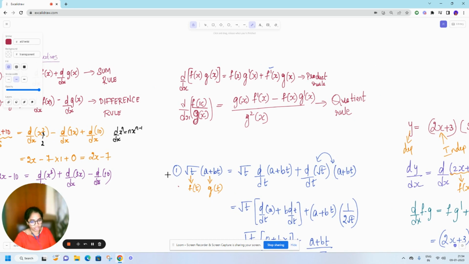If you have two terms, first differentiate one term and write down the second term as it is, plus differentiate the second term and write down the first term as it is. What does the quotient rule say? First keep the denominator as it is, differentiate the numerator, minus the flip of it: write the numerator as it is, differentiate the denominator, divided by denominator square.